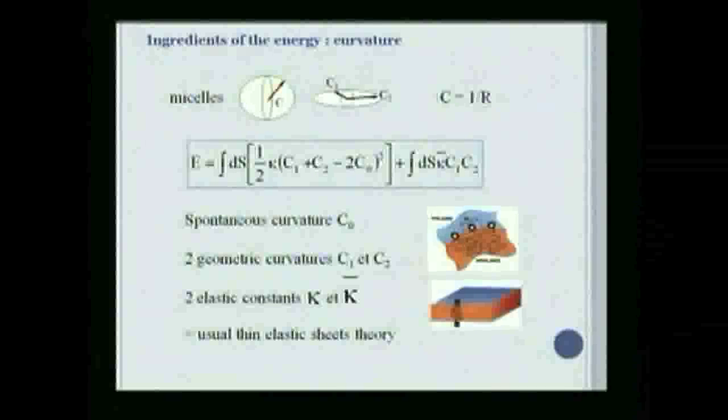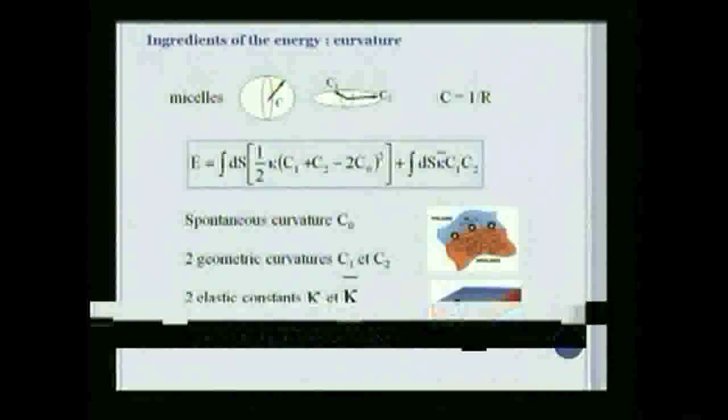But you also have two geometric curvatures, C1 and C2. In the case of a sphere, of course, C1 is equal to C2. You have the same radius of curvature in two directions. But as soon as you change the shape of the micelle, then you have two curvatures to take into account. This is the curvature of the shape of the micelle itself, and this is the spontaneous curvature of the surfactant at the scale of the surfactant. It's a little bit different.